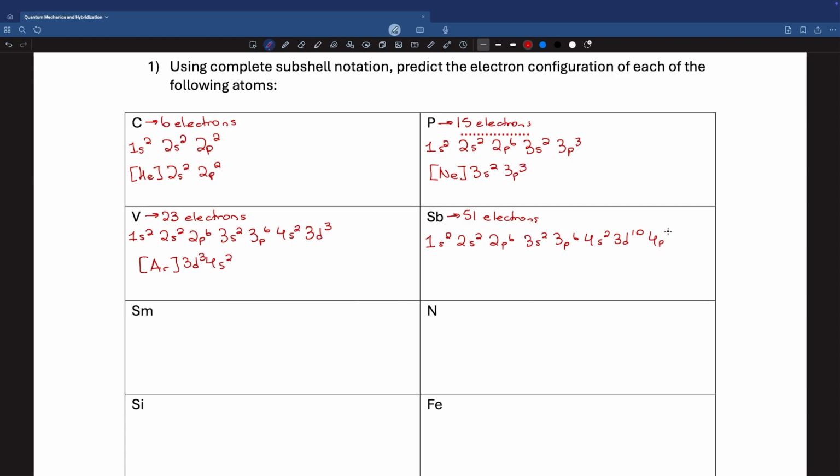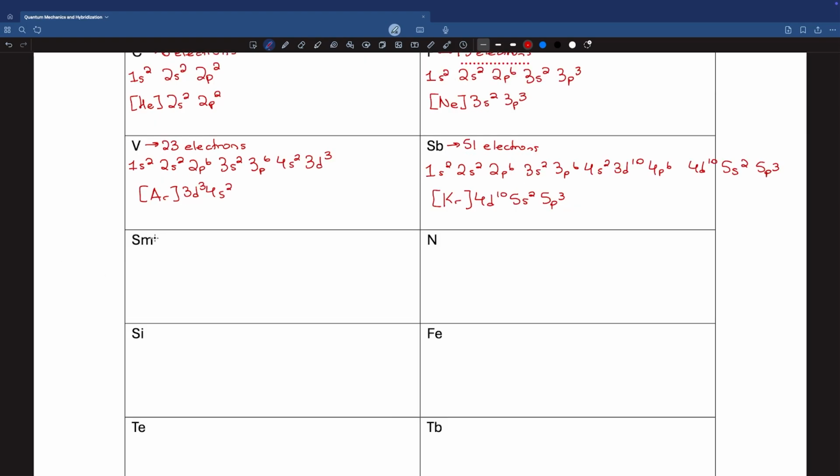And then the next one is 4p6, and 4d10. And if I've counted correctly up until this point, we only have 5 more. So we'll write outside the box for this one. 5s2, and then 5p3. And the highest noble gas, which has fewer electrons than Sb, is krypton, Kr. And minus those electrons, it ends up being 4d10, 5s2, and 5p3.